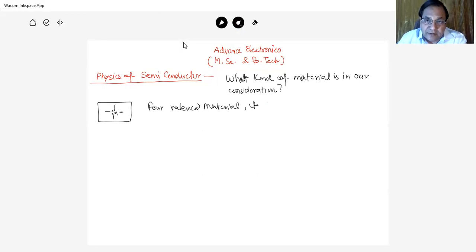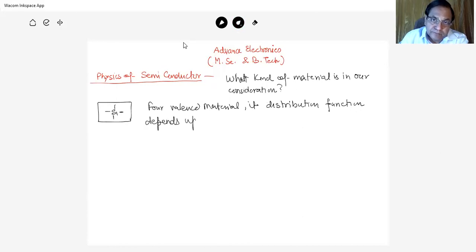Its distribution function depends upon the density of states.